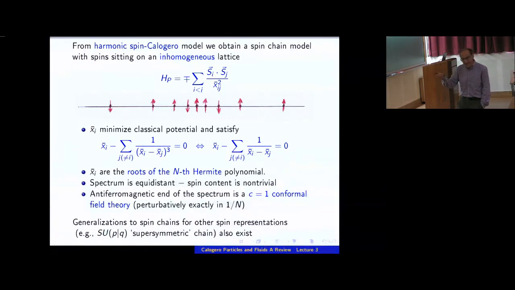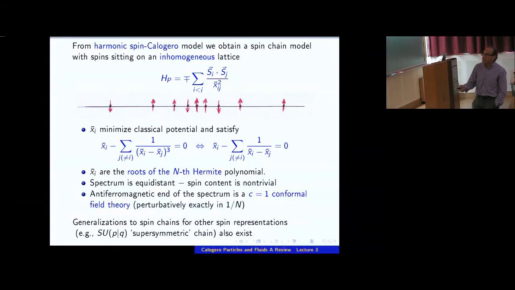I believe this is the spin chain model that Kareljan Schoutens was talking about last week. It has a very nice spectrum. Its spectrum of excitations is equidistant, with some corresponding spin content. And if you take the large n limit, the ferromagnetic end becomes a ferromagnet, but the antiferromagnetic end becomes a conformal field theory with c equal to 1.